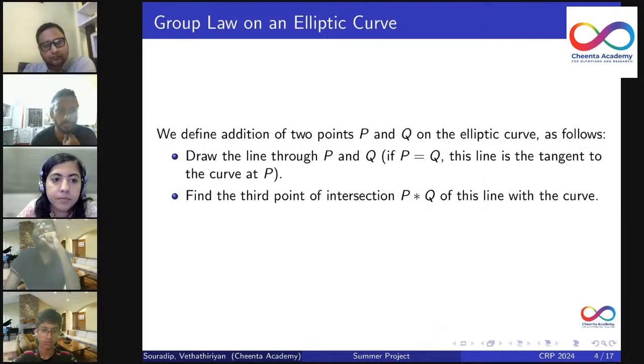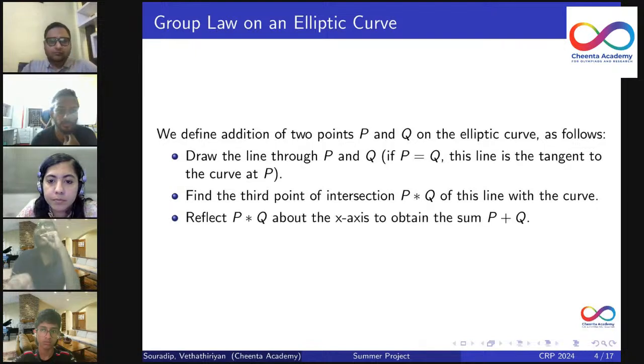Next, we mark the third point of intersection, which we will mark as R on the elliptic curve.